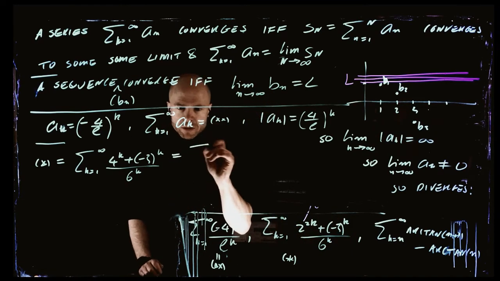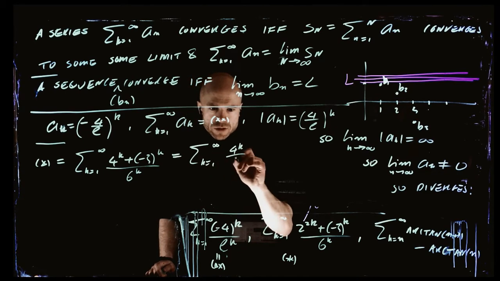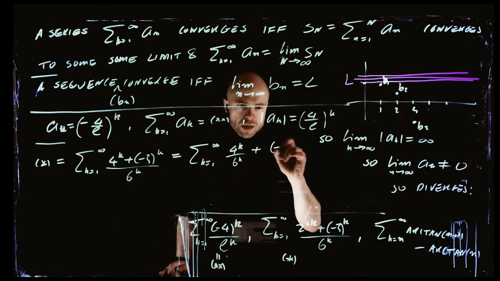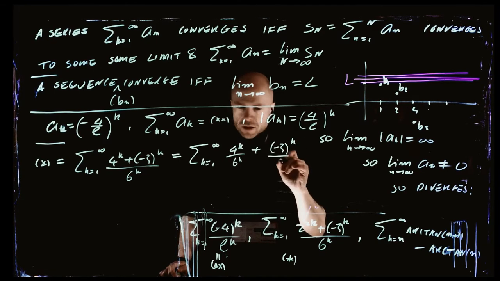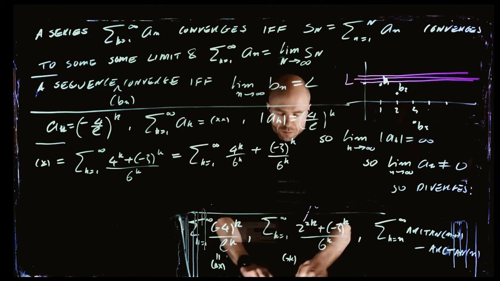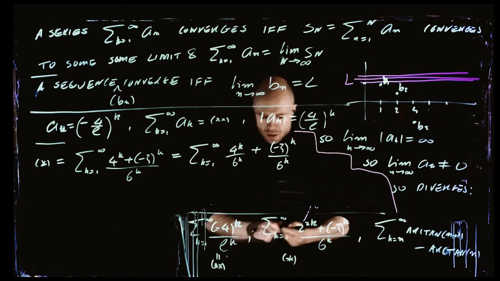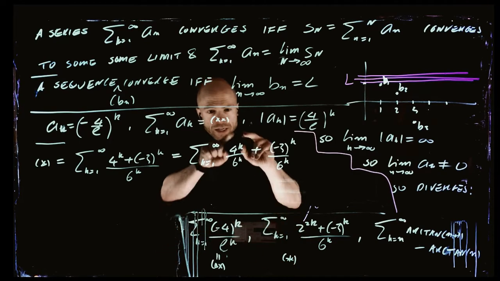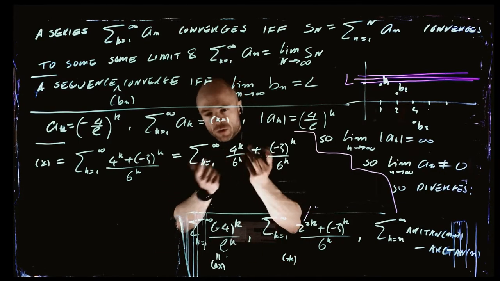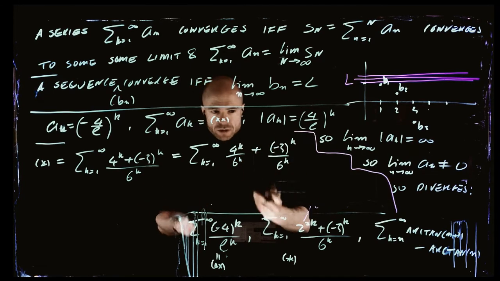Perfect. This is the same as 4 to the k over 6 to the k plus minus 3 to the k over 6 to the k, just doing algebra. If we look at each one of these individually, we believe it converges, because this is just 2 over 3 to the k, a geometric series.